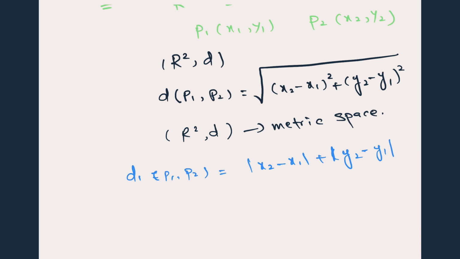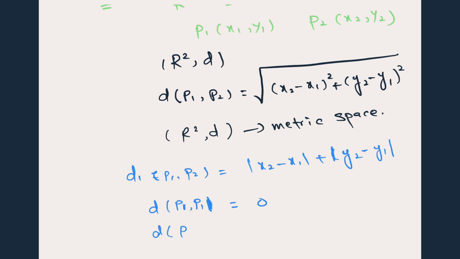We can easily verify this, because if we take the same point, then obviously this will become 0, because x1 becomes equal to x1 and y1 becomes equal to y1.